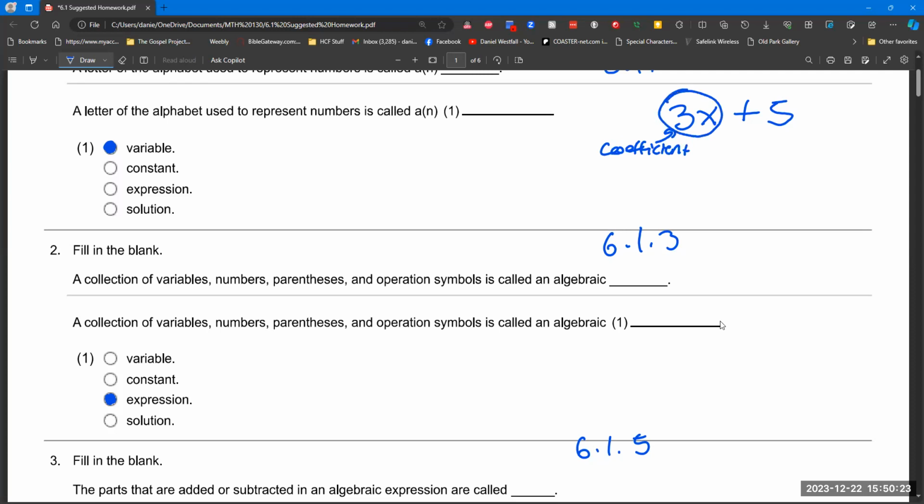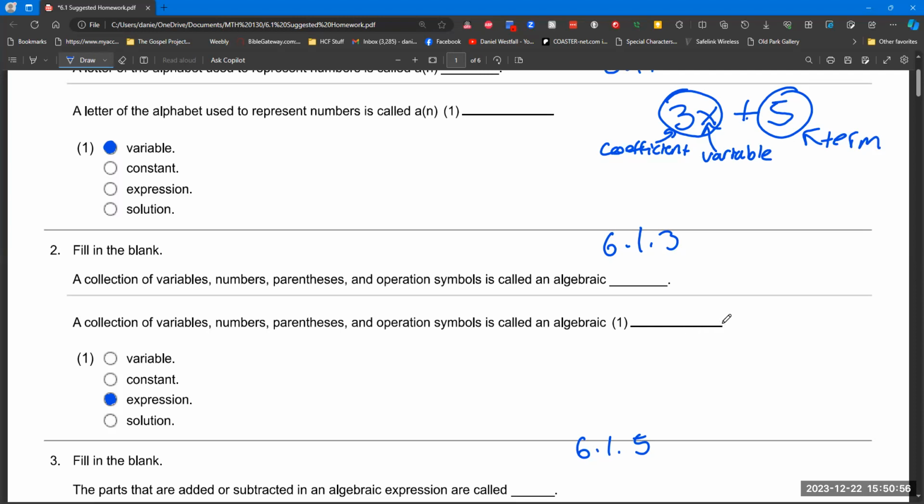This is a term, and the x is a variable. And 5 is also a term, and the terms are separated by an addition or subtraction sign. This whole thing, 3x plus 5, is an expression. And that is most of these things.